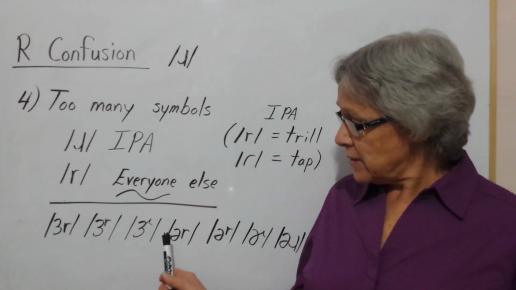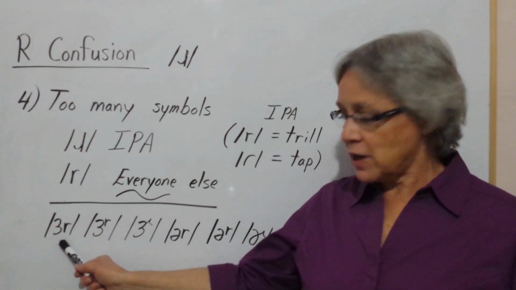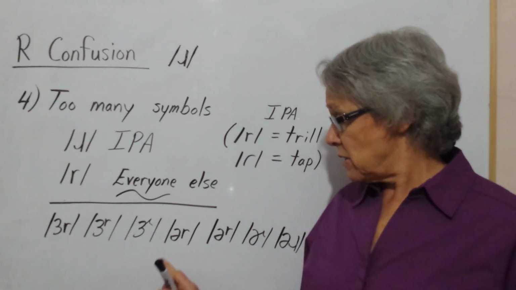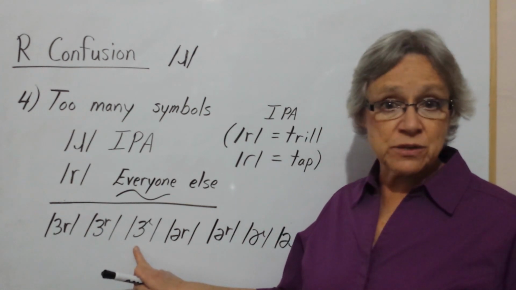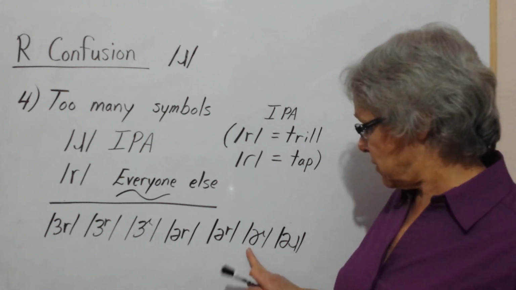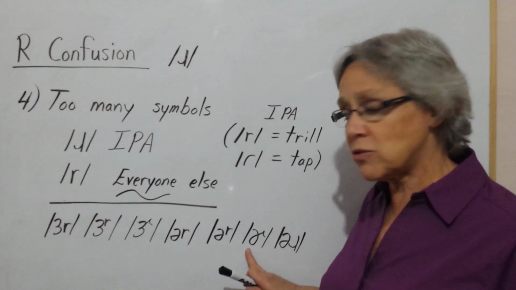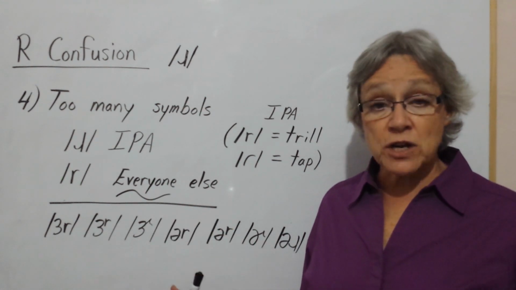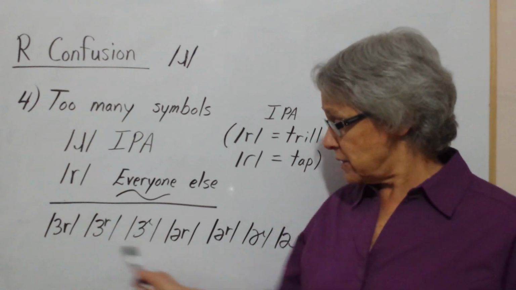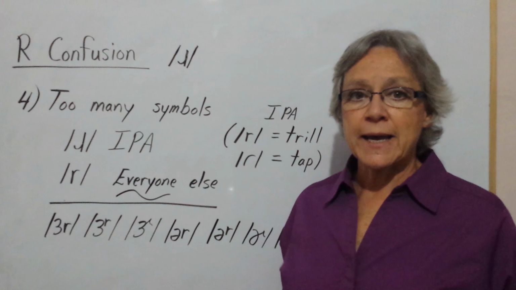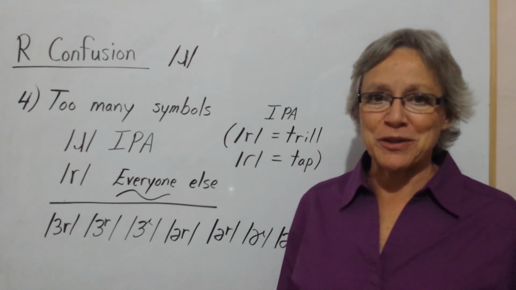Somebody could write the transcription this way to represent two separate sounds. Somebody could use this representation if they believe it's one single sound, or this representation would be one single sound. So my point is that there are many ways to transcribe these sounds. These are both R, and this can be confusing to people.